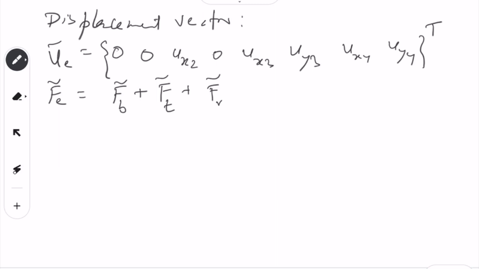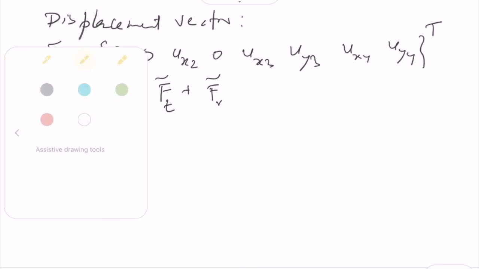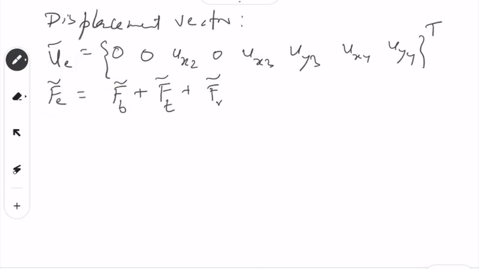Okay. Now there is no body force. So that means FB equal to 0, basically 0 vector, simply 0. Okay, done.